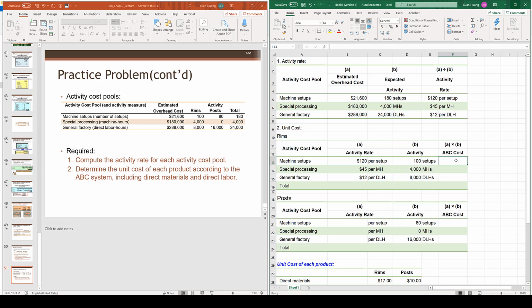And then for each activity cost pool, we calculate the assigned cost. We use the activity rate multiplied by the actual level of activity. It's 12,000. Then we do the same thing for special processing and general factory.